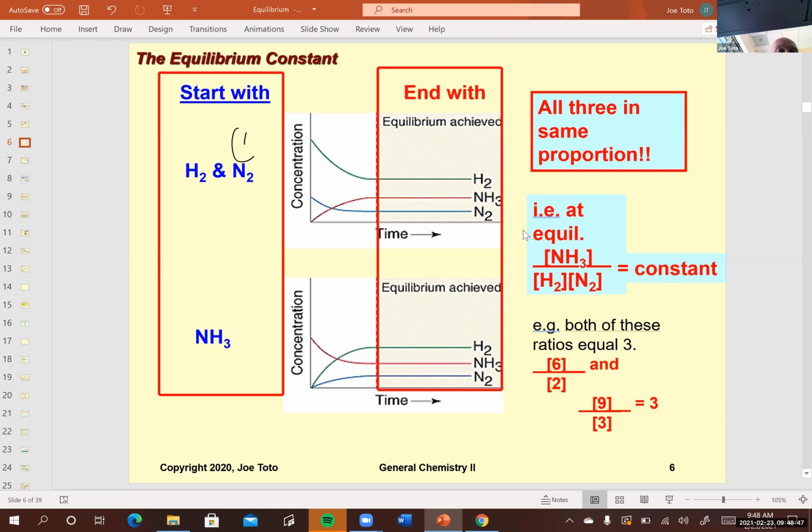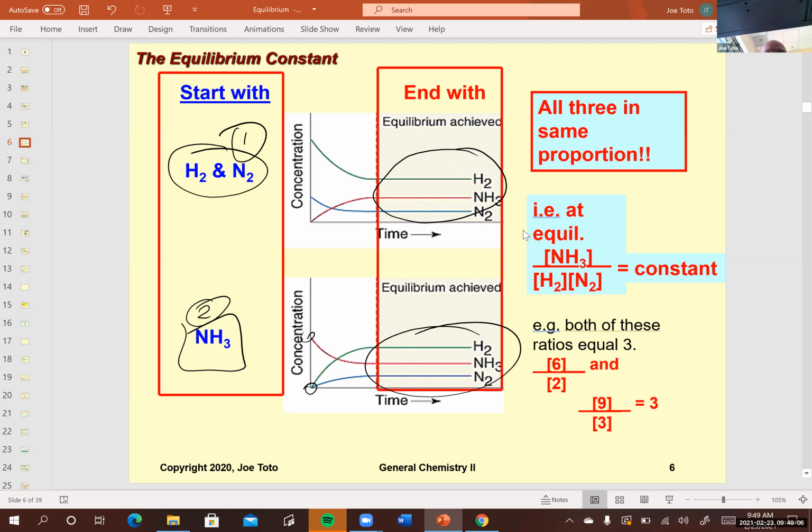One scenario up here is where we started with just reactants and then came to equilibrium. And scenario 2 was where we started with just products, no reactants, and then came to equilibrium.